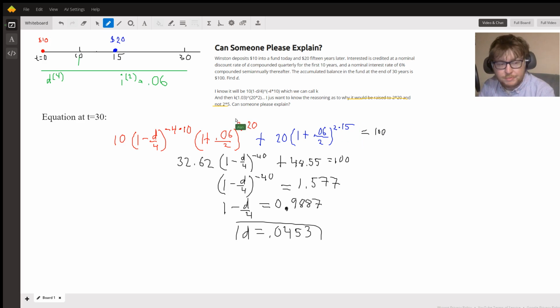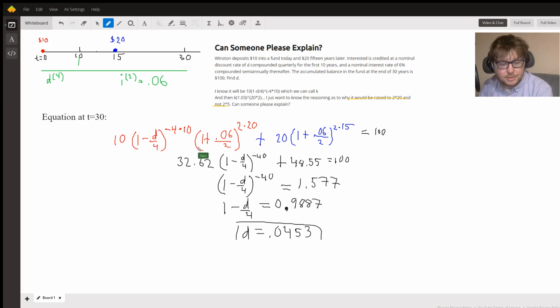Okay, from here, we've done all the hard part, and we just solve an algebra problem at time 30. So equating cash flows, it's straightforward. The number in blue is easy to simplify on a calculator to 48.55. The number in red, most of it you can figure out on a calculator.